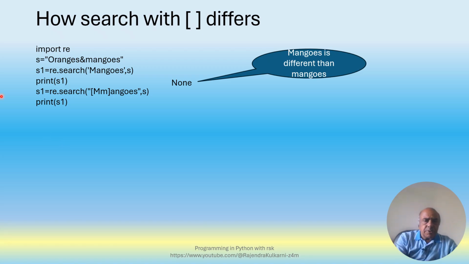In this statement, s1 is equal to re.search. What we are doing is using square brackets where we are giving capital M and small m as our search criteria, and then angoes.